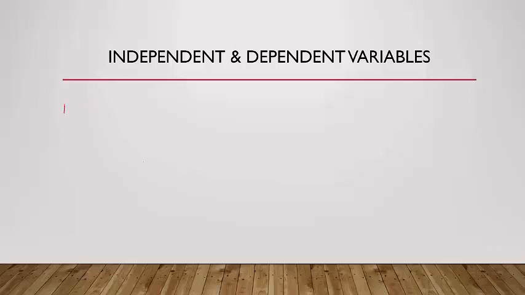Normally, independent factors are the process parameters, simply the input parameters of a process. They are called independent factors or independent variables because they are not dependent on any other factors of the process.